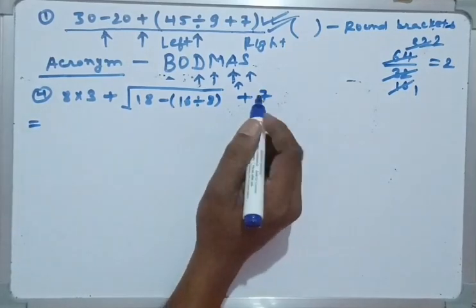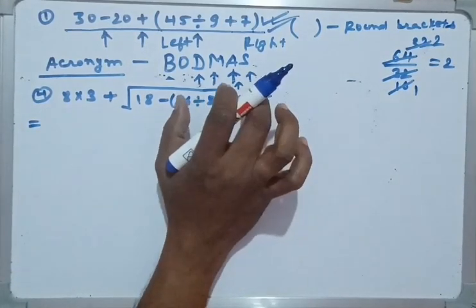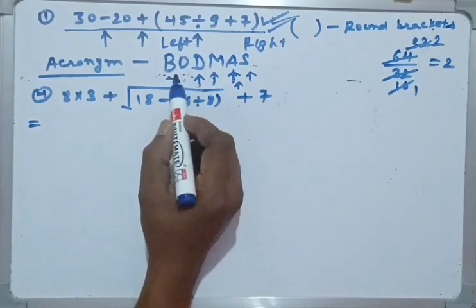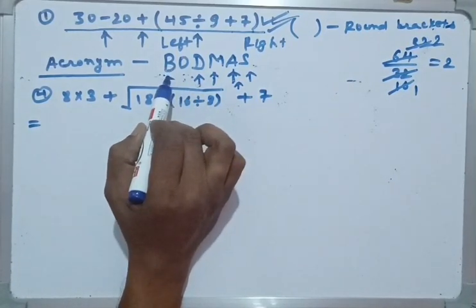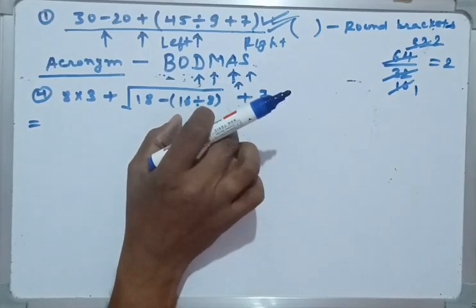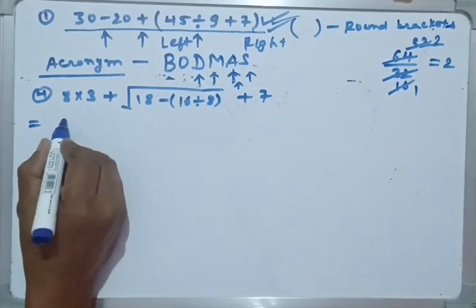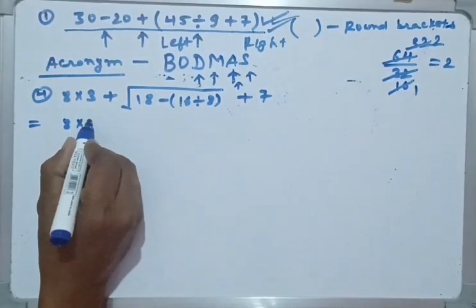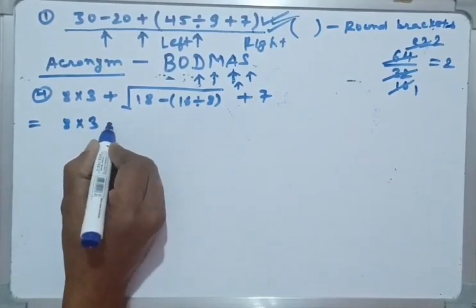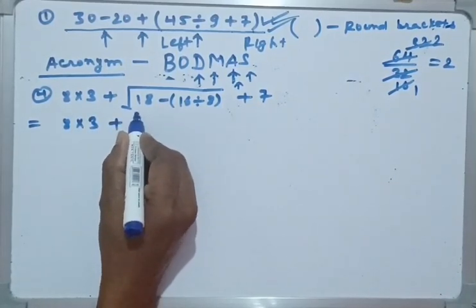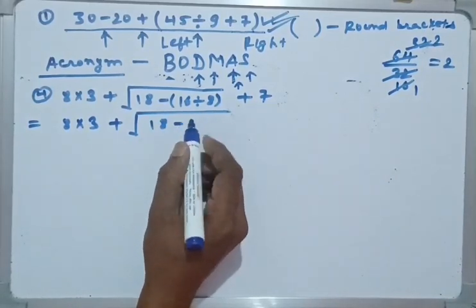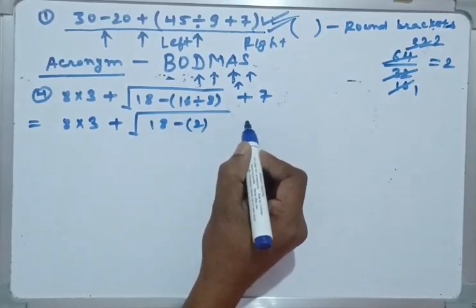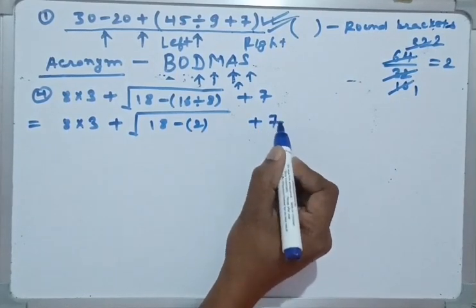Again we use the concept of BODMAS. In BODMAS, the first letter is B. B stands for bracket, so we solve the bracket first. So we can write it as 8 multiplication 3, again square root, then 18 minus, this one becomes 2, this one becomes 7.